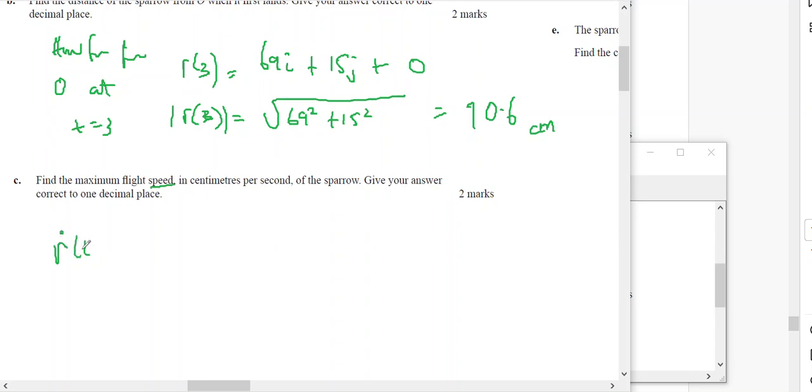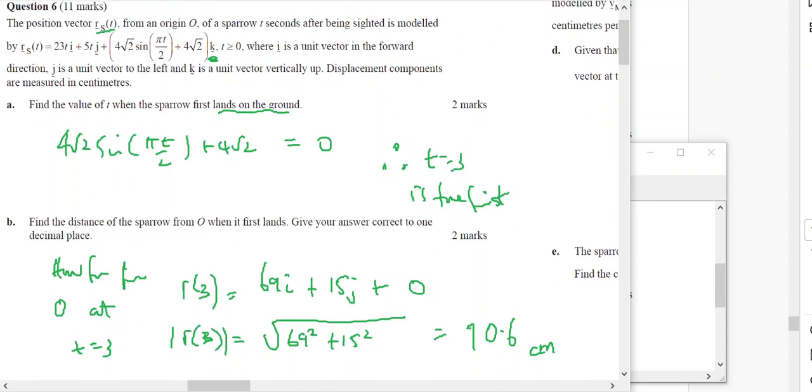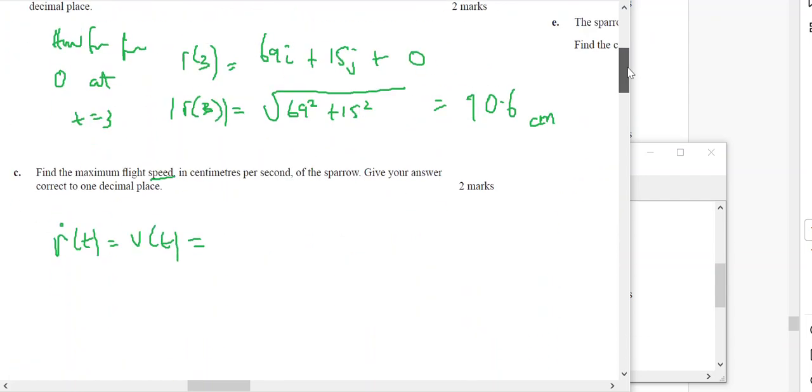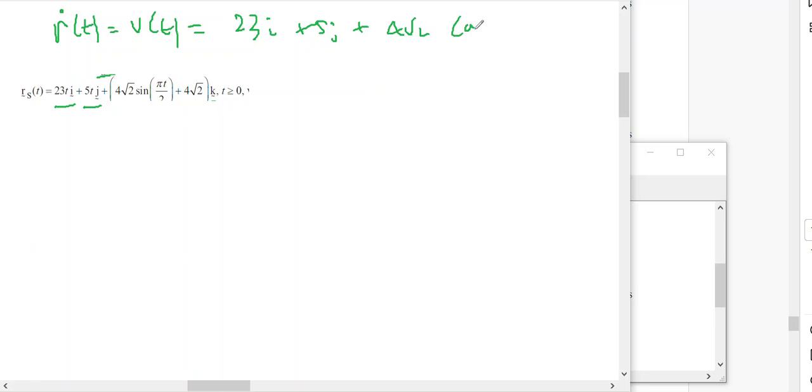So r dot of t will equal v of t, and let's copy this. So v of t is going to be the derivative of that, which is 23 in the i, plus 5 in the j, plus 4 root 2 cos of pi t on 2 times pi on 2.